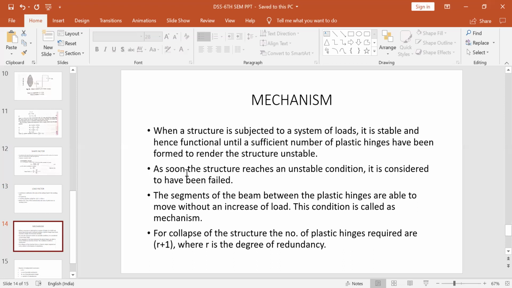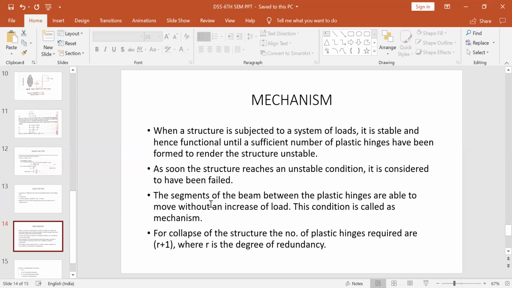As soon as the structure reaches an unstable condition, it is considered to have failed. An unstable condition will only be reached when a sufficient number of plastic hinges are formed. Not one or two. There has to be an adequate number of plastic hinges in any structure to cause failure. And this process of formation of plastic hinges is nothing but the mechanism.